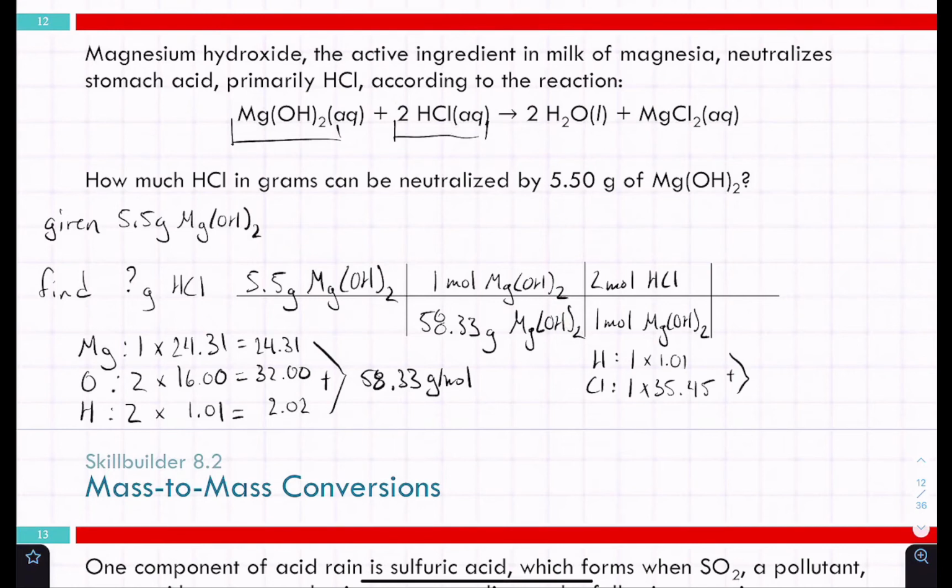So if we add those together, it's going to be 36.46 grams per mole. And now how do I place that one so that we can end up with grams? On top. And then 1 mole of HCl on the bottom.